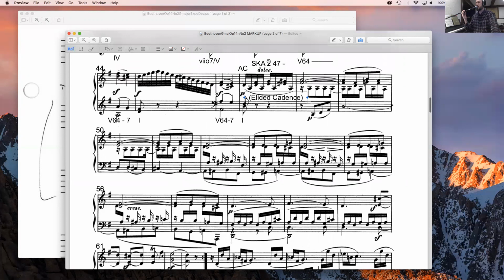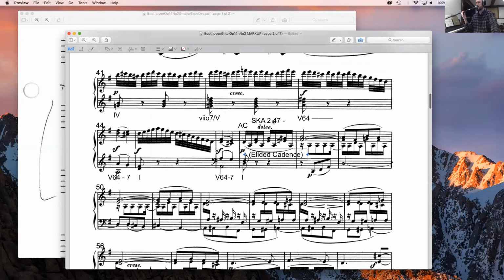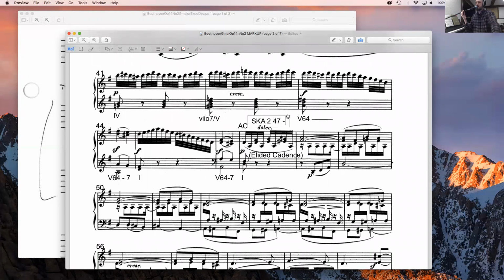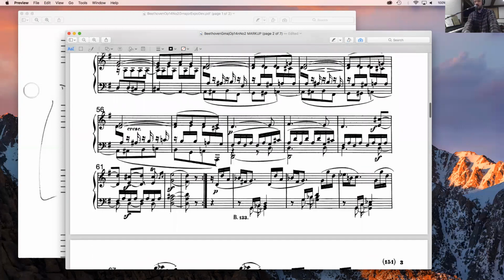So ska 2, 47 through 63 ends with an authentic cadence here. Nice authentic cadence on a 1 chord in D major.